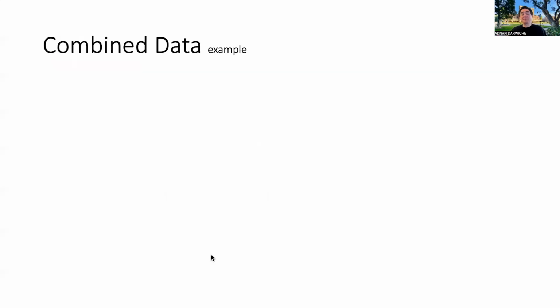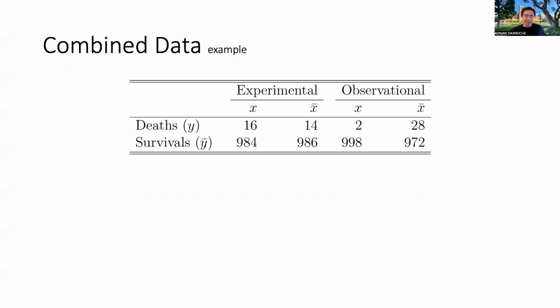A very simple example of combined data, and this is from Judea's book. In chapter 9, where he talks about these bounds, there are some nice scenarios towards the end where he evaluates some of these counterfactual queries, but here's what the table looks like. I'm talking about two variables here. X, which is drug: took the drug, did not take the drug, and Y, death or survival. You see two types of counts, observational and experimental.